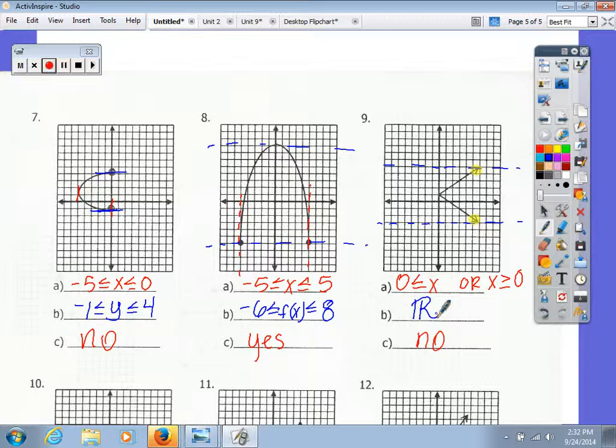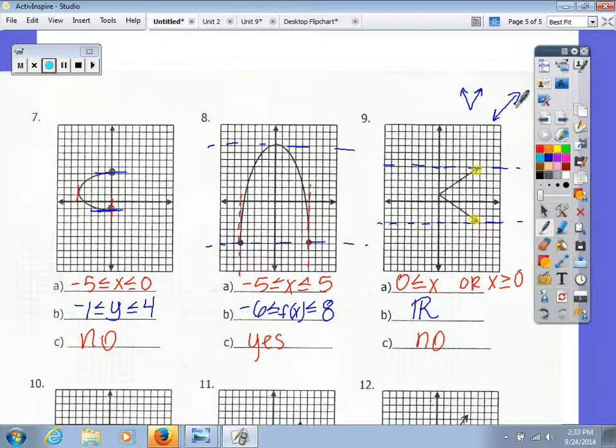I'm glad that you asked that. Just in case you're watching the video, somebody just asked if we see two arrows, is it always going to be all real numbers? It depends on where the arrows are, and the shape of the graph too. Because with this graph right here, my range would not be all real numbers. My domain would be all real numbers. And what about here?